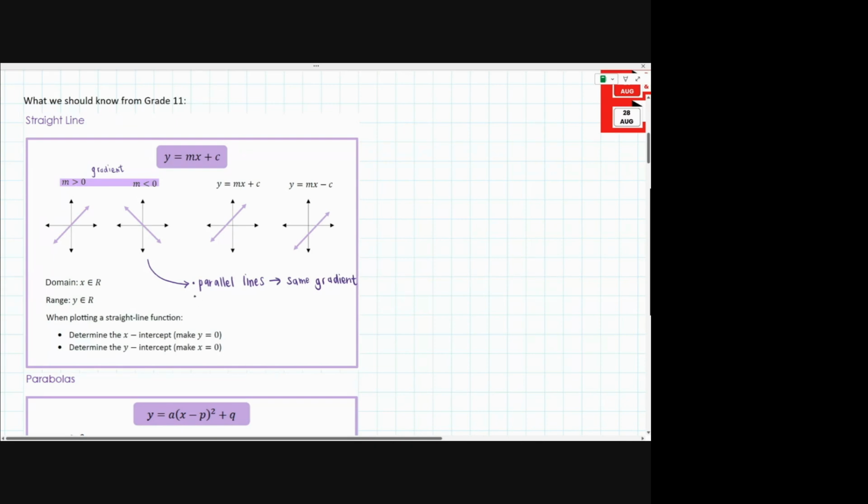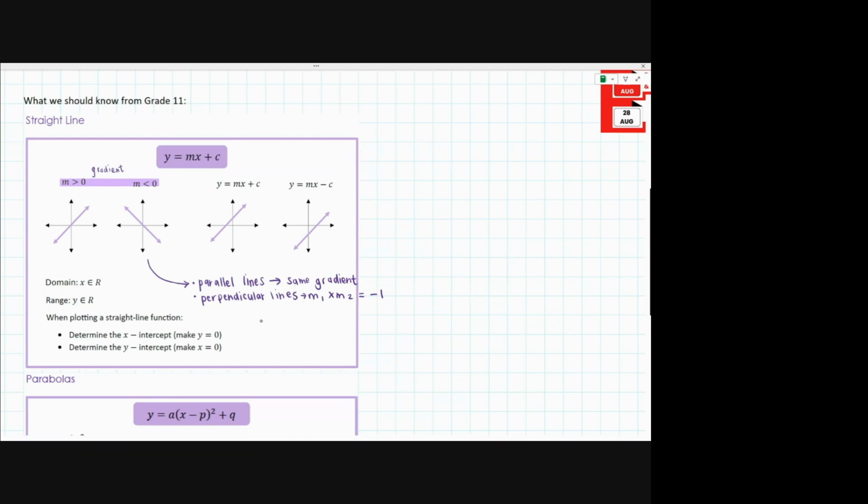The other type of line relationship that we look at are perpendicular lines. Does anyone remember the relationship between perpendicular lines and their gradient? Nice. Right, so exactly as put there, the gradient of one line times the gradient of the second line, if that product is -1, those lines are perpendicular to each other.